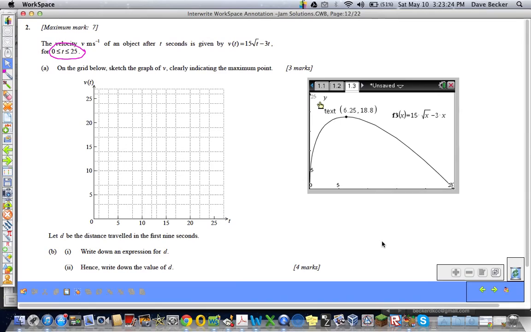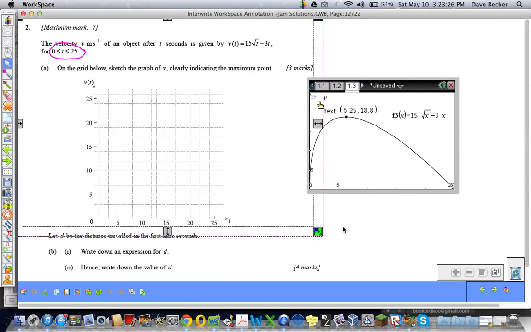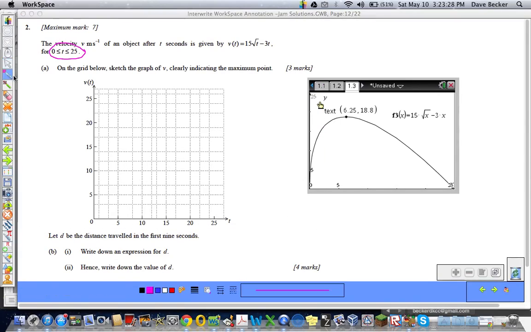All right, so we want to get as close as we can, and I think it's a good idea to put some little guide marks. We know we're at 0 here, and we hit 25. Don't go over here, you'll count off points. And the max is at 6.25, 18.8. So that's about right here. 15, 18, I don't know, maybe about there.